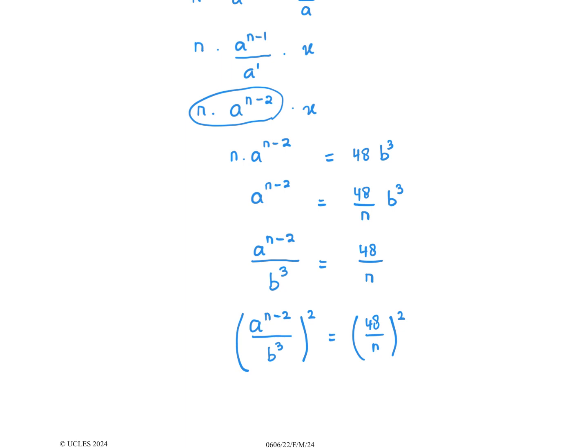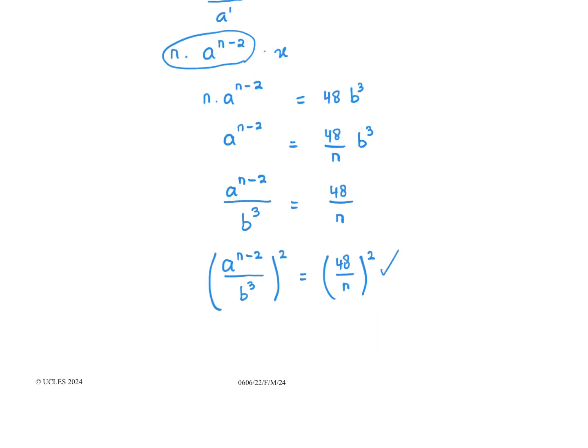Because I want to make my right side now the same as the given one. Expand: a to the powers of 2n minus 4 over b to the powers of 6 is equal to 48 over n to the powers of 2. This is my second equation.